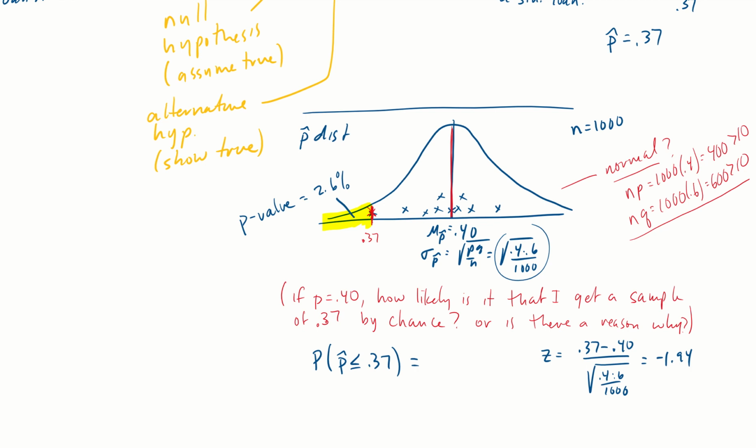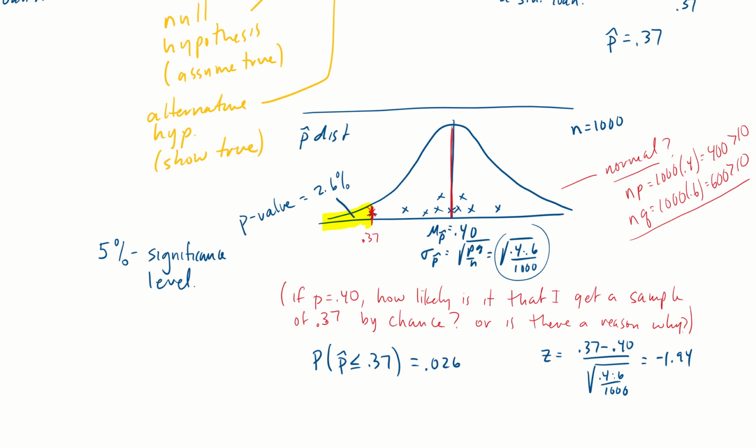In fact, our cutoff typically is 5% unless we say otherwise. And that's called our significance level. At 5%, that's my significance level. If it's less than 5, I'm saying it probably didn't happen by chance. So this is 0.026.